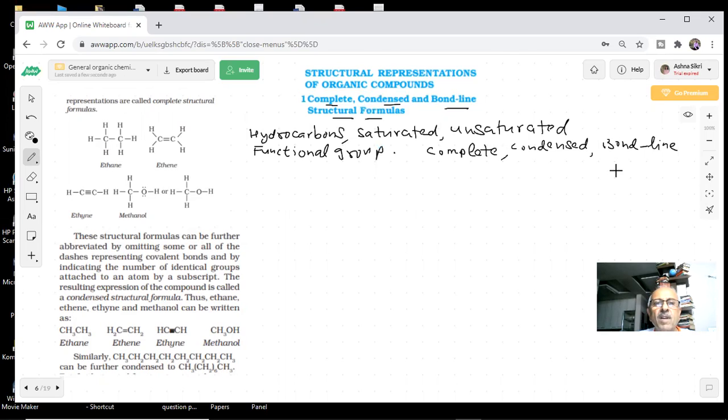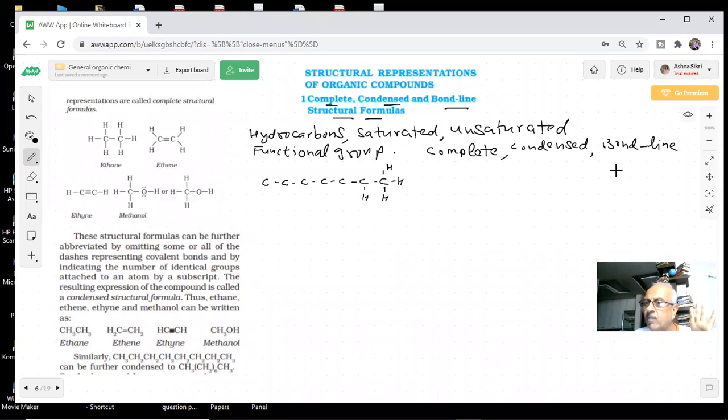Supposing I am writing a compound, students: 1 2 3 4 5 6 7 carbon atoms. Important point: the valency of carbon should be 4.